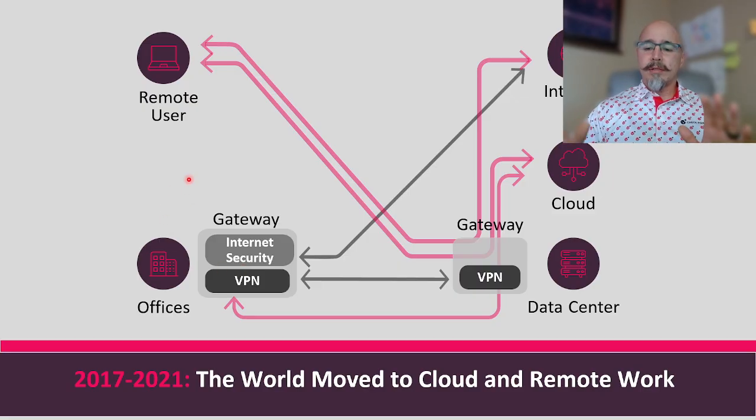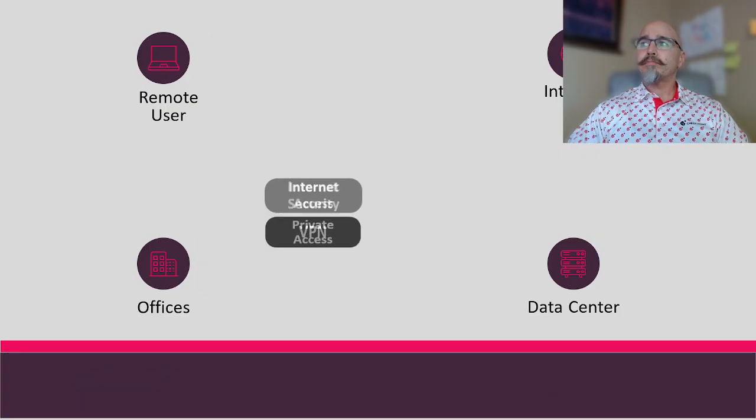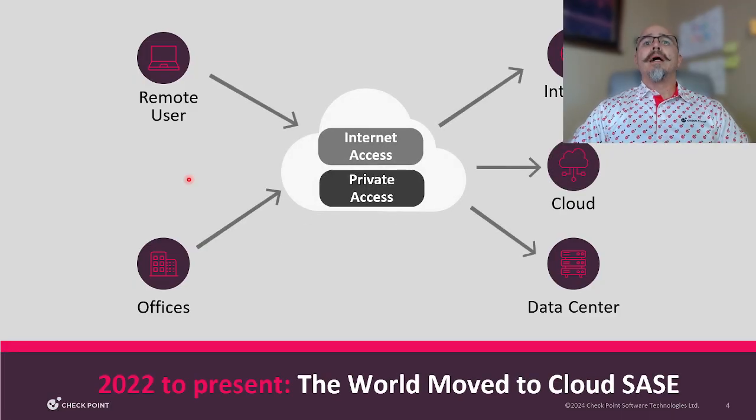So that's the problem that arose, that got sped up out of the pandemic, and that significant event, the changing architecture, is what today's SASE architecture is built on, right? So what we've done is shift security services to this cloud fabric.